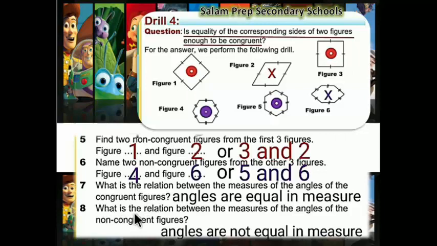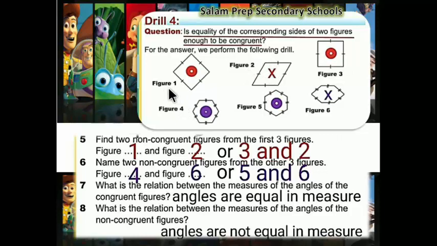What is the relation between the measures of the angles of non-congruent figures? Non-congruent figures like figure 1 and figure 2. Angles are not equal in measure.